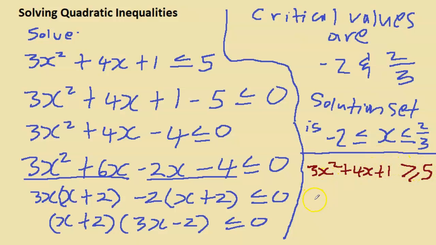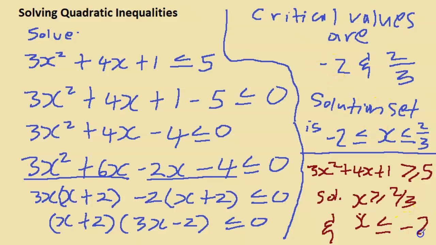So the solution set, if we are greater than or equal to, x is greater than or equal to the larger critical value, which is 2/3. And x is less than or equal to the smaller critical value, which is minus 2. And of course, you can always test your solution.